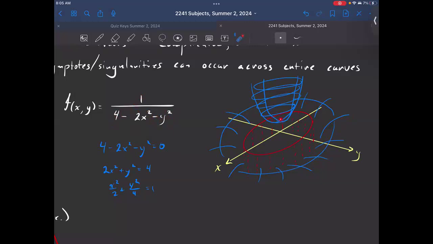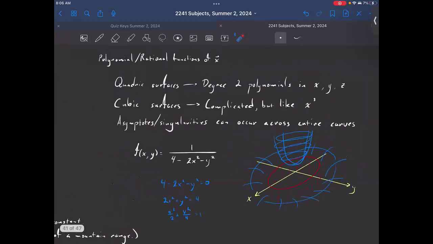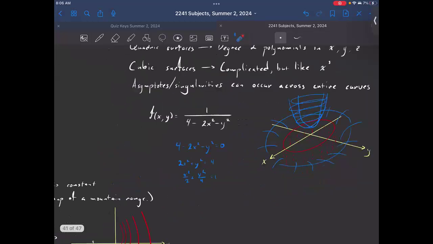And then if x and y increase, then I'm subtracting a little bit from 4 and getting the bottom closer to 0, which means that I'm taking 1 over a small number and I get a very large number. Whereas on the outside, now I've started subtracting very, very large numbers from 4, and now I just get negative numbers out. Okay. So those are polynomial and rational functions.